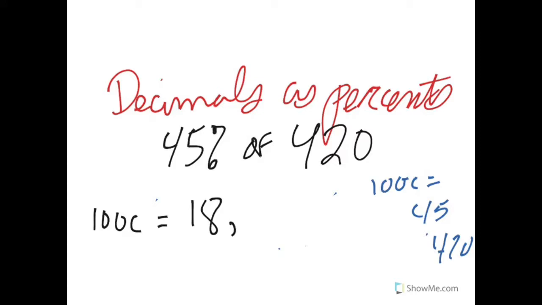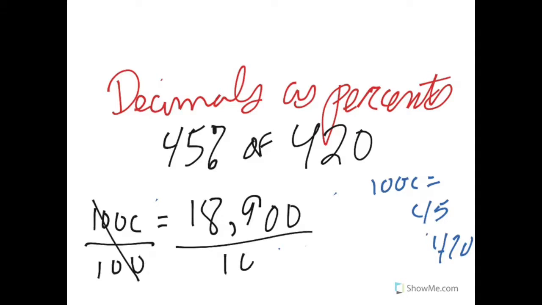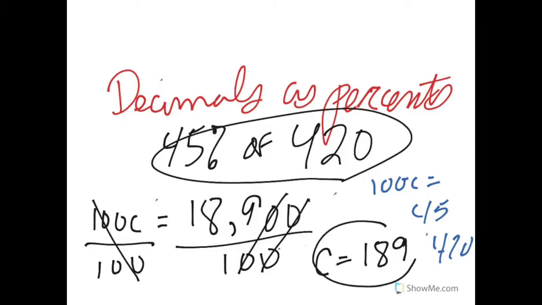We would do the math. We would get 18,900. We need to divide out the 100 so it cancels out. 18,900 divided by 100, cancel out our zeros, 189. Anything divided by 1 really is itself. So we end up with C equals 189. So 45% of 420 is 189.